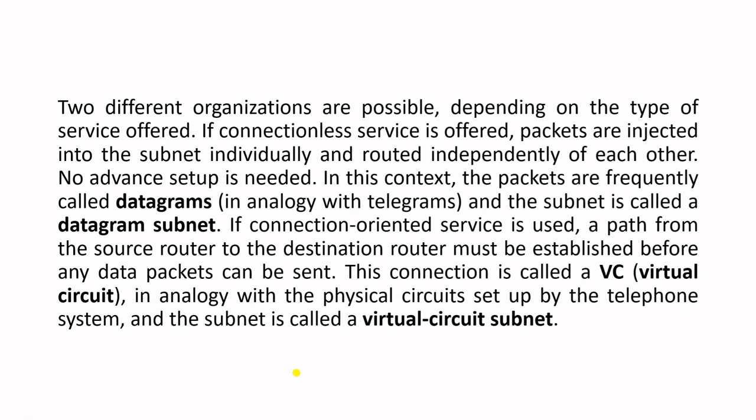But in the case of connection-oriented service, a path from the source router to the destination router must be established before any data packet can be sent. This connection is called a virtual circuit, in analogy with the physical circuits set up by the telephone system, and the subnet is called a virtual circuit subnet.